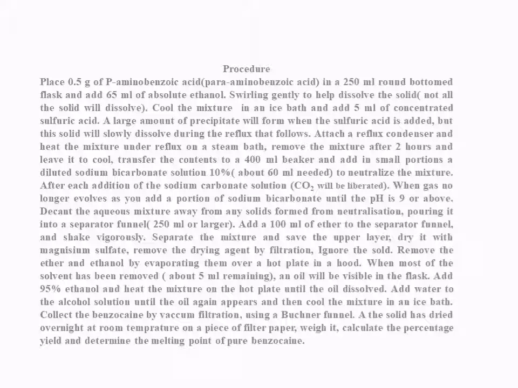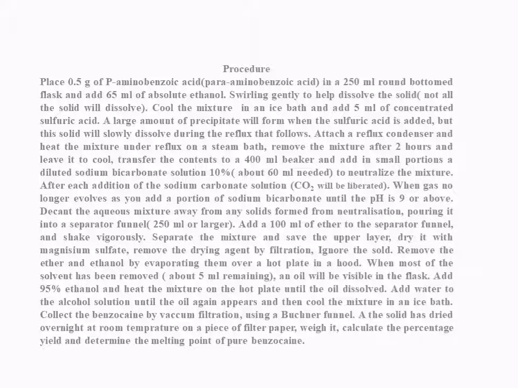Add 95% ethanol and heat the mixture on a hot plate until the oil dissolves. Add water to the alcohol solution until the oil again appears, and then cool the mixture in an ice bath.